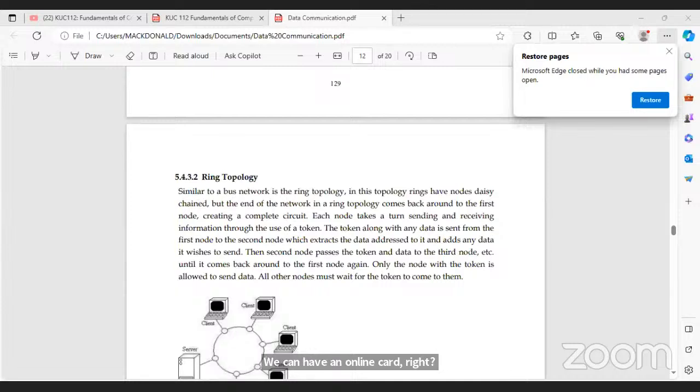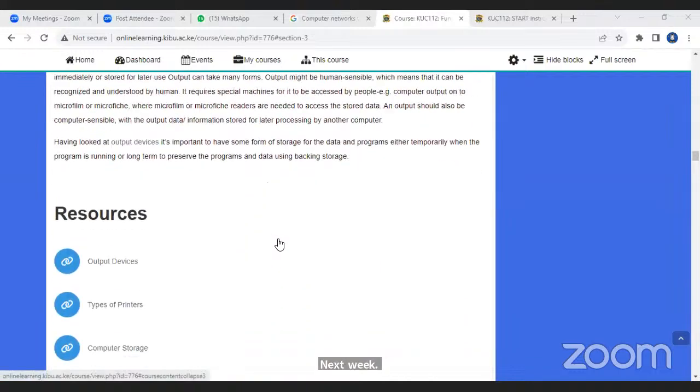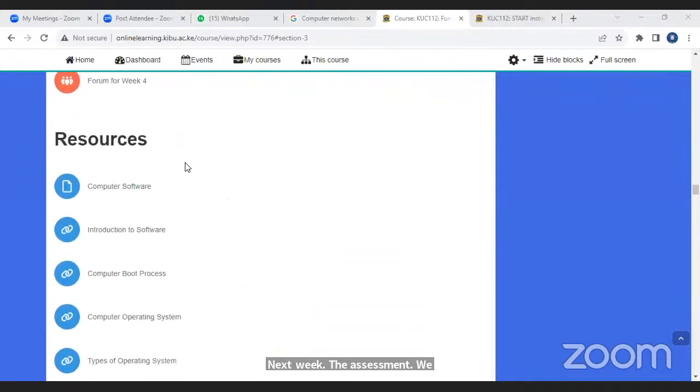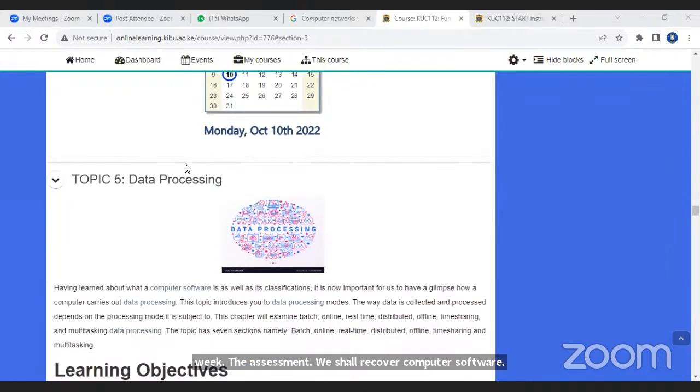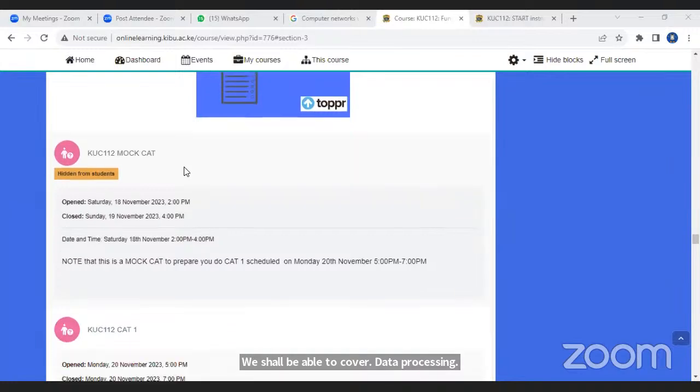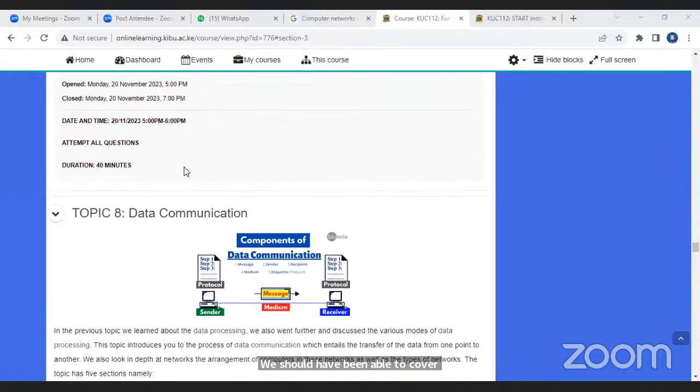So this online CAT for next week will cover computer software, data processing, and data communication.